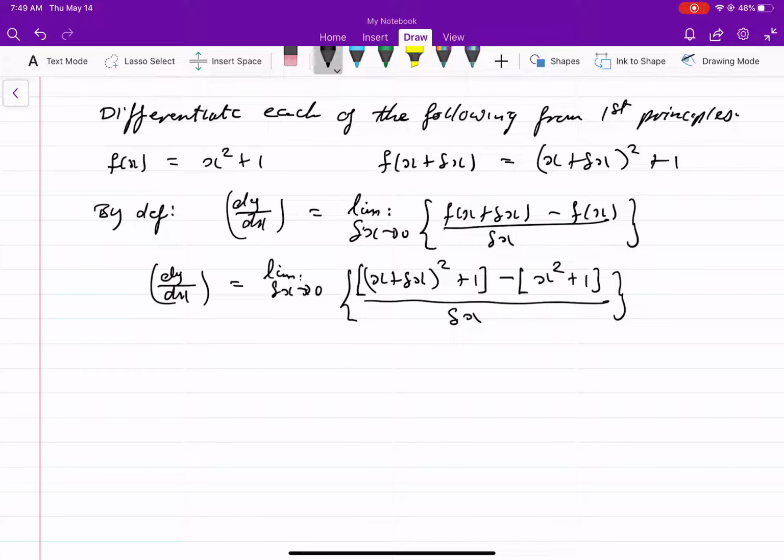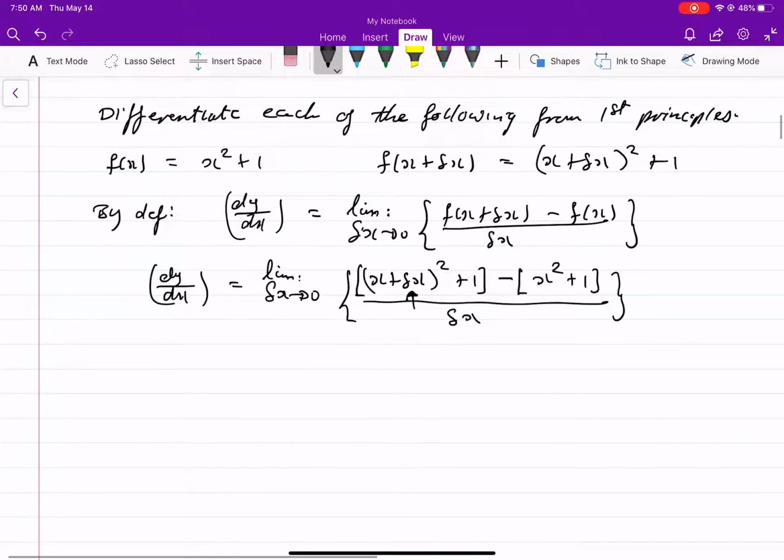Now, you would remember from our limits that when you're finding the limit of a function, one of the first things you do, you plug in delta x up front and see what happens. Or plug in whatever, if it is x or theta, whatever the case is. In this case, I'm plugging in for delta x. Wherever you see delta x, you plug in delta x equals 0. So in the numerator, there where I have delta x, I'll plug in 0 there.